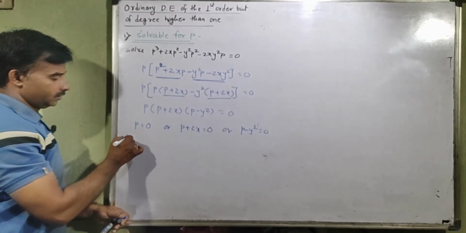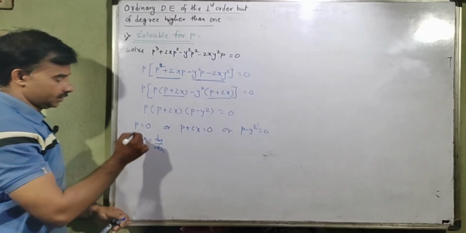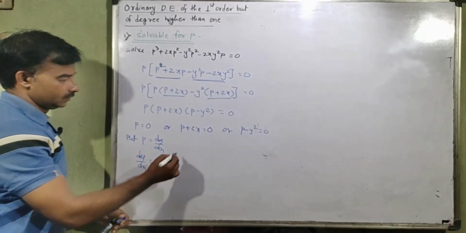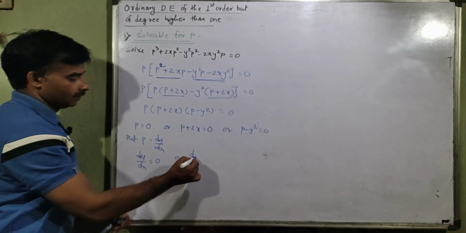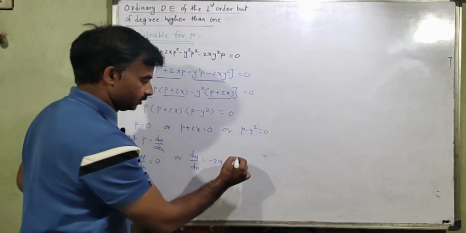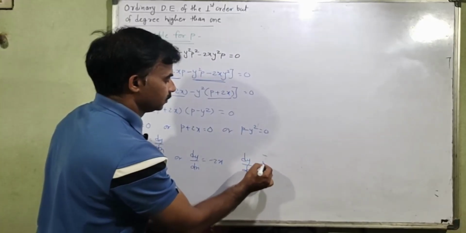Put p is equal to dy by dx here, and according to that, dy by dx is equal to 0, or dy by dx is equal to minus 2x, and dy by dx is equal to y square.